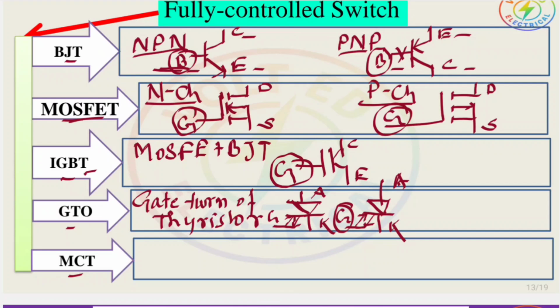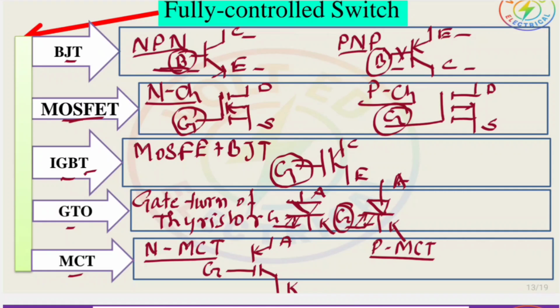Next is the MCT. MCT also has 2 types, NMCT and PMCT. Its symbol is like this. The gate terminal is here, this is the anode, and this is the cathode. So this is the NMCT type.